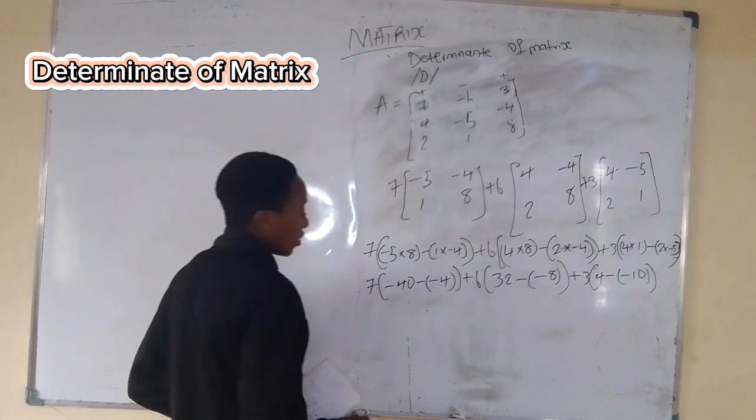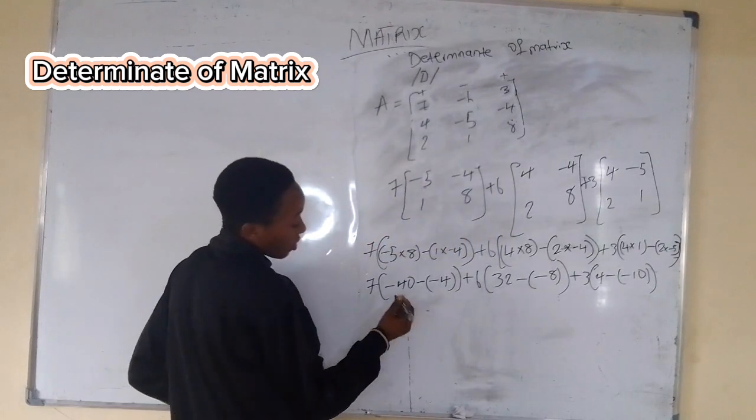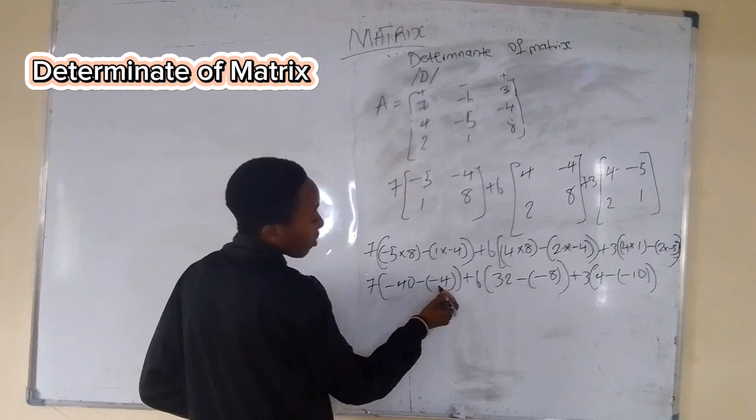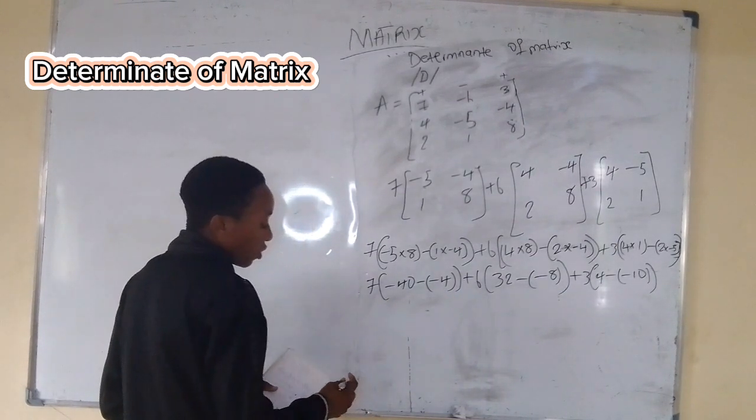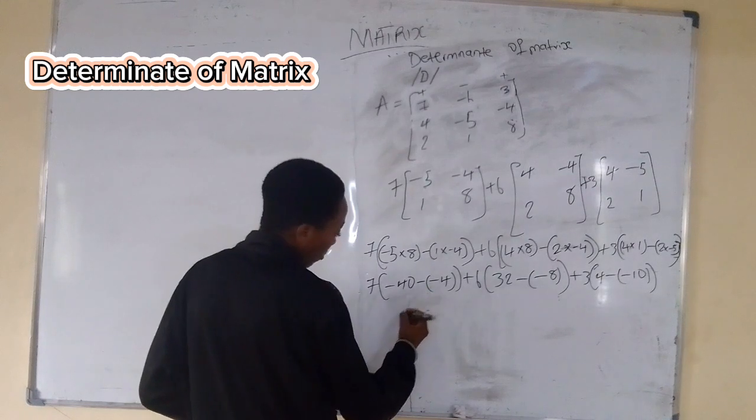So next we subtract. Minus and minus is plus, so minus 40 plus 4 will give us minus 36.